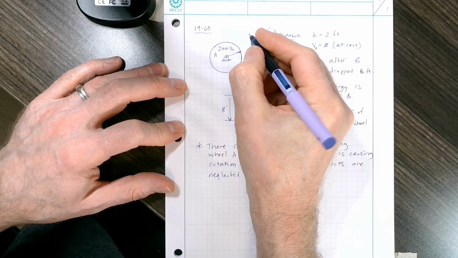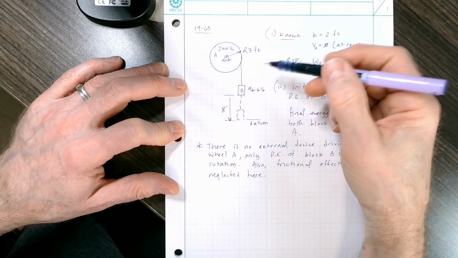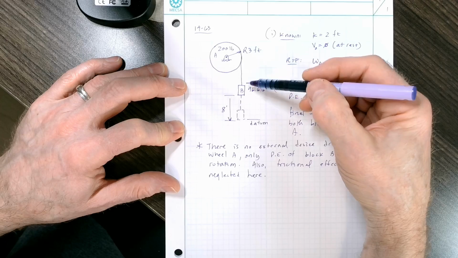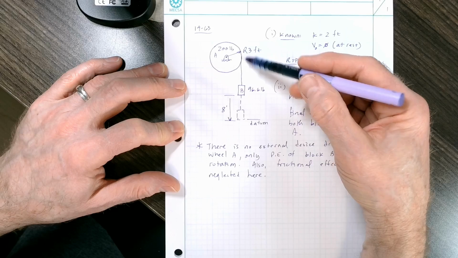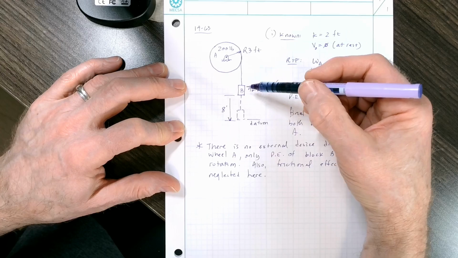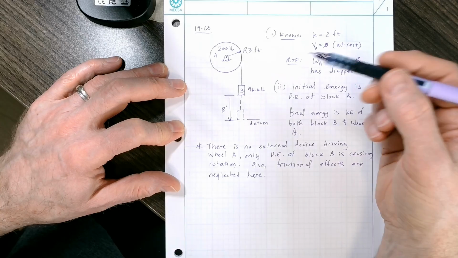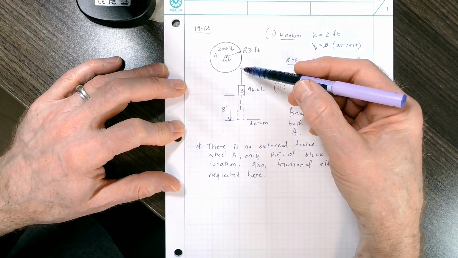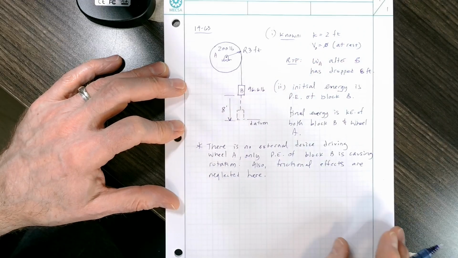The radius R is 3 feet. But the torque is the manifestation of the potential energy of B. Gravity is causing the torque, and we're already accounting for gravity in PE. If we also had a torque on there, we would be double accounting for gravity. You can't do that.